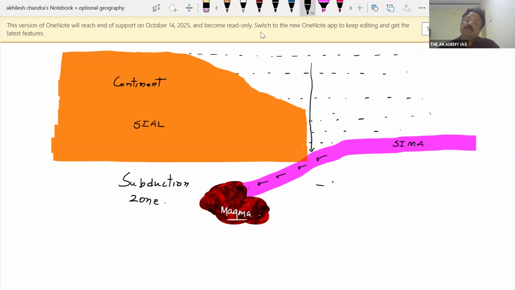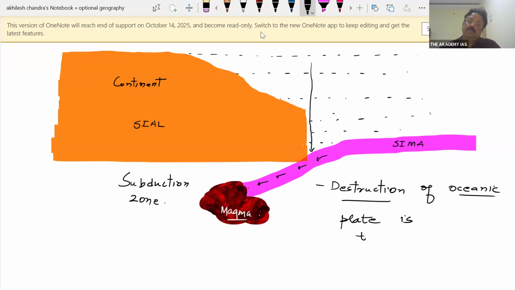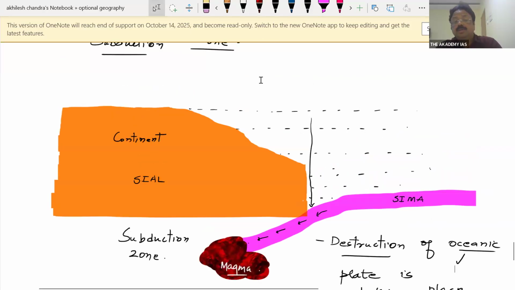So here destruction of oceanic plate is taking place. By sonar bathymetry, it was not concluded that destruction of oceanic plate is taking place, but do remember, near the subduction zone, oceanic plate is going to be consumed.